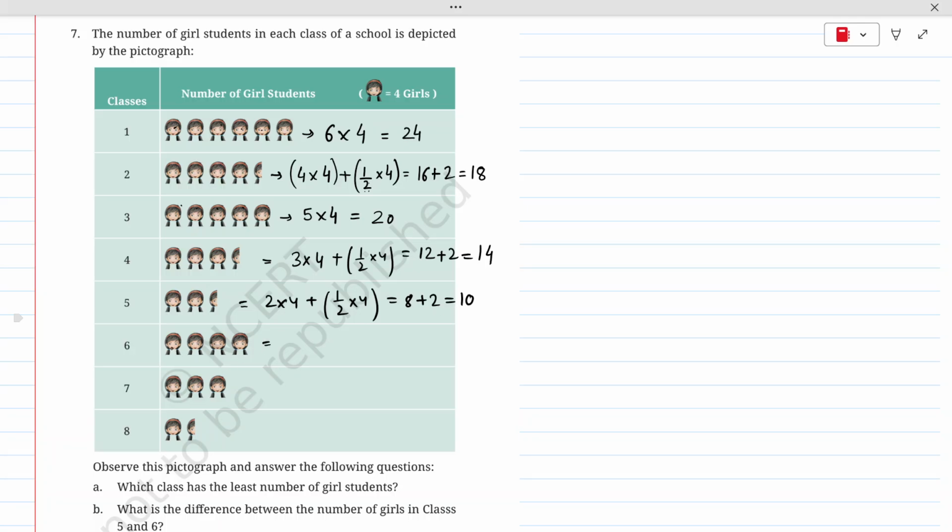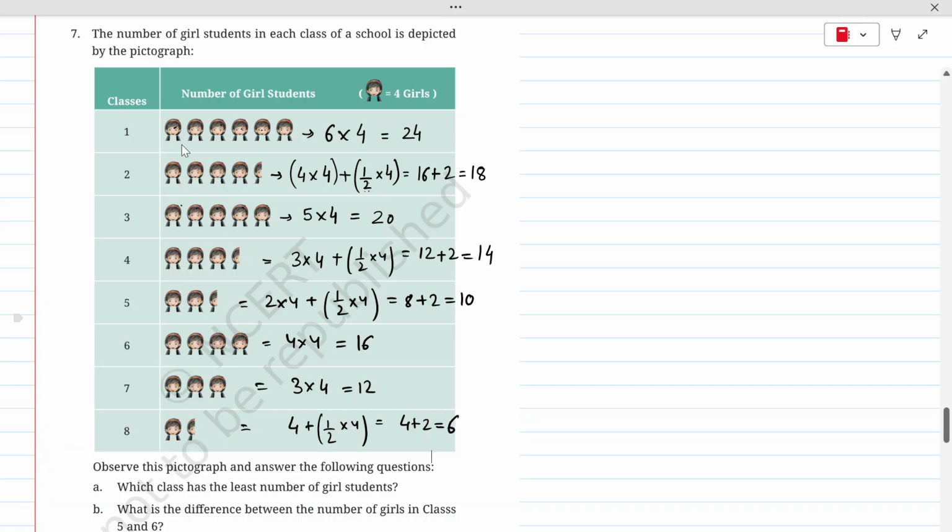Then class 6, we have 1, 2, 3, 4 multiplied by 4, that will give us 16. Class 7, we have 3, so 3 multiplied by 4 will give us 12. And class 8, we have 1 and a half, that is 4 plus half of 4, which is 4 plus 2, that is 6. So again, I'm telling you how we have calculated here.